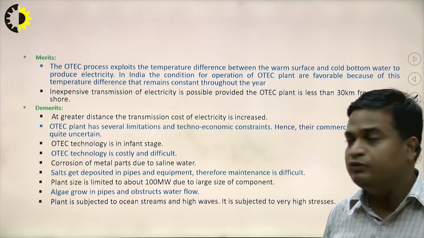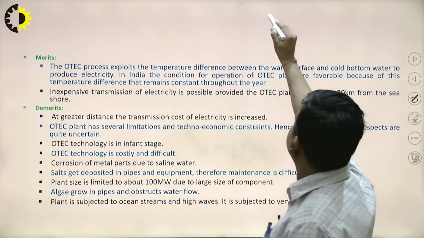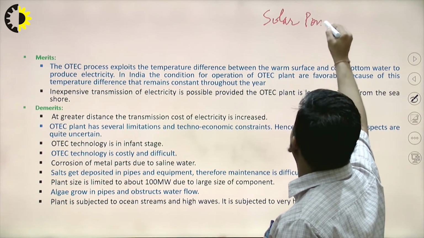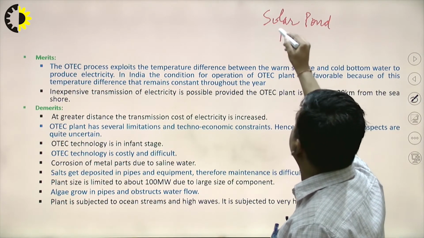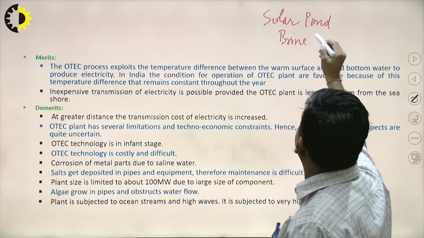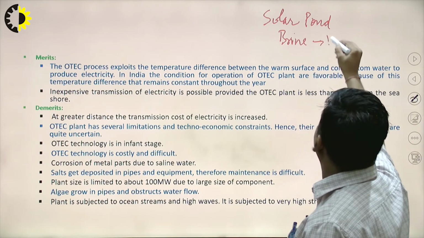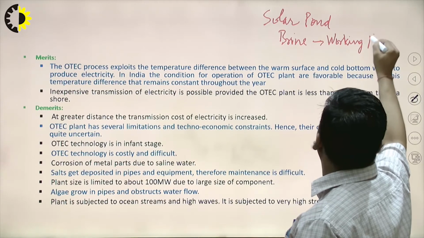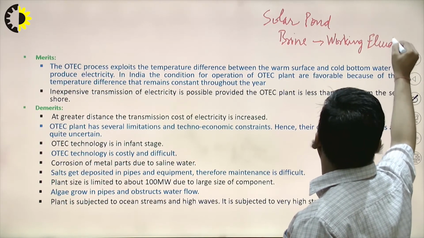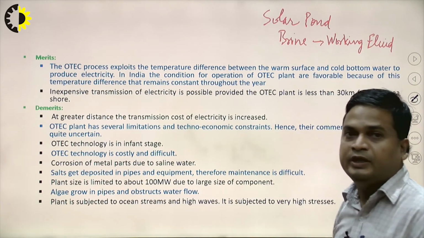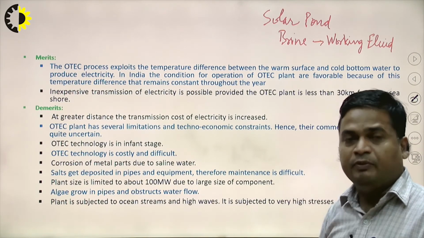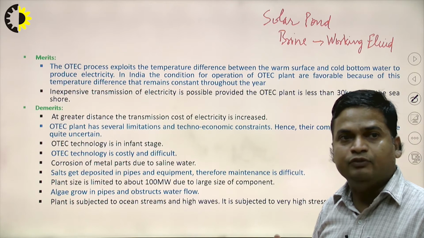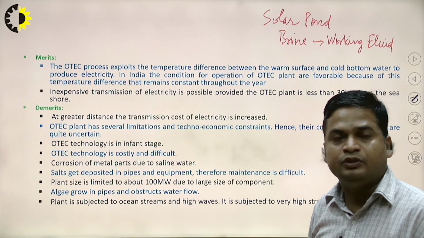But when we are using a solar pond, we are using brine as a working fluid. So we are using saline water, sodium chloride.